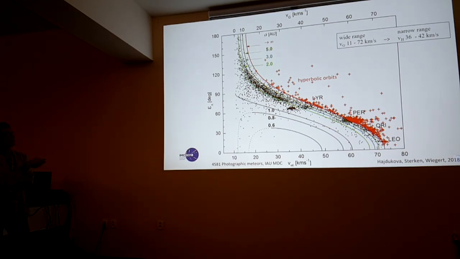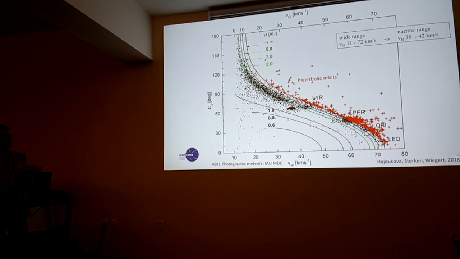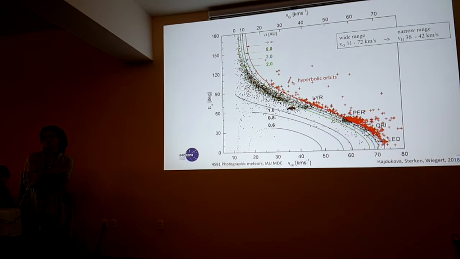And it is different for different parts of the diagram, which you can see in the resolution of the diagram. The most demanding is exactly here, close to the parabolic limit, or along all that part. These data are photographic meteors from the IAU MDC, an old version, about 4,500 orbits.